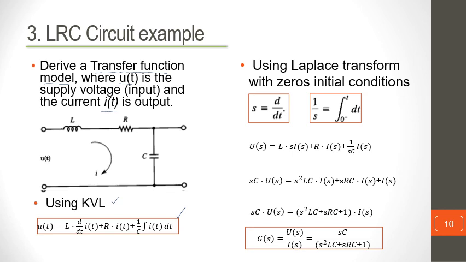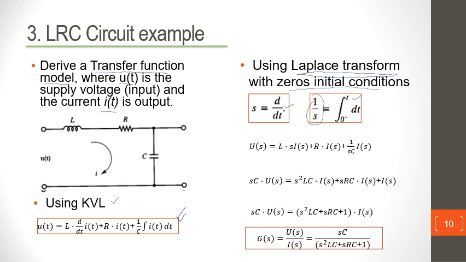We considered in the previous lecture, and in the previous course Control Systems 2 that you've learned, that we can transform this using the Laplace transform. Using zero initial conditions, we simply replace the derivative with multiplication by s, and we replace the integral with division by s.